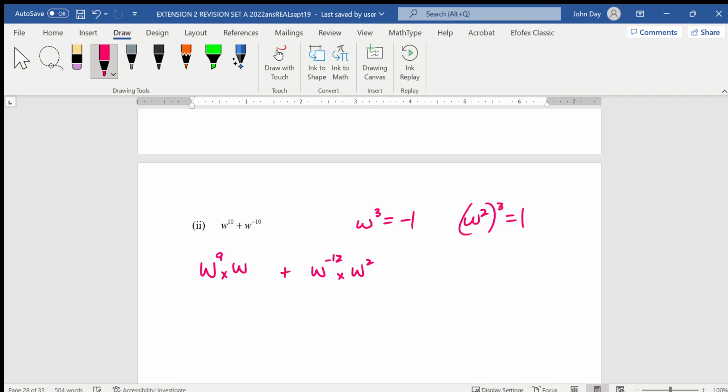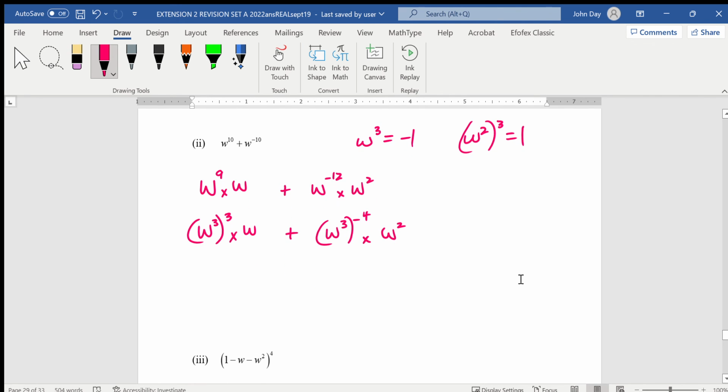You just figure out what powers are going to work out. This is not the only way to get there. The reason I chose w to the 9 is because I've got w cubed cubed times w, and I've chosen w cubed to the minus 4 times w squared. So that's why I've chosen those values there.